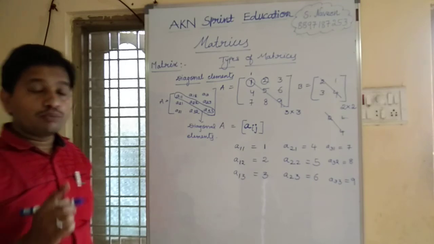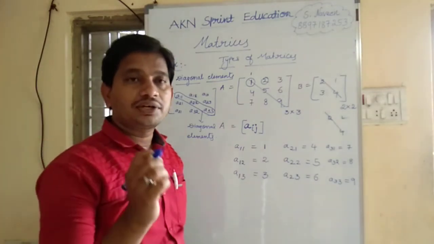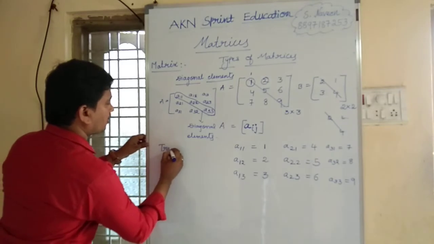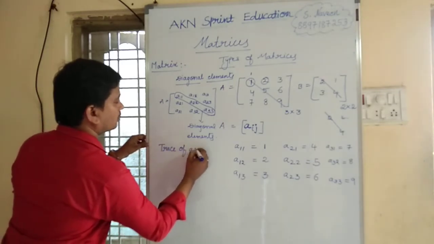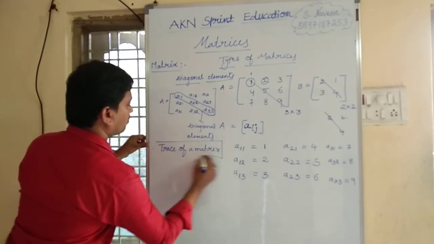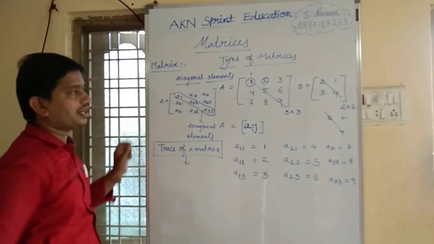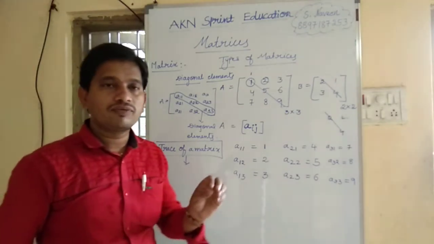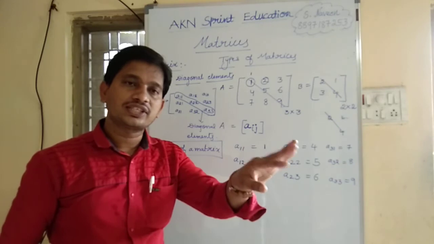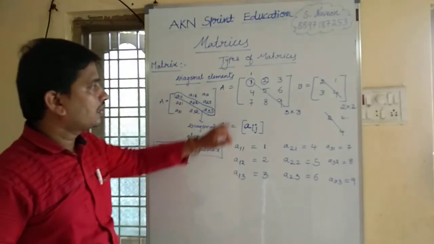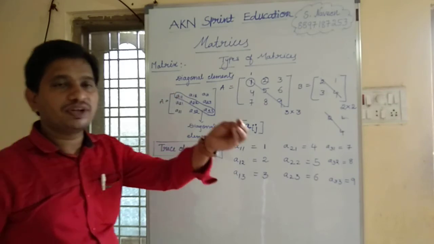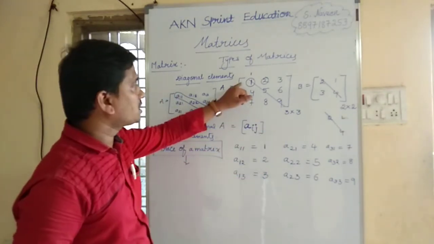Okay. Now one more important point: what is the trace of a matrix? Let me explain. The sum of the elements of the principal diagonal is called the trace of a matrix. Children, in this matrix A, what are the principal diagonal elements, or simply diagonals?